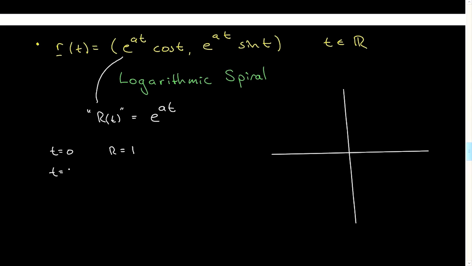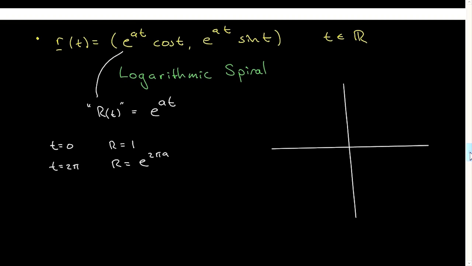When t is equal to 2 pi, going around once, r is equal to e to the 2 pi a. So if I have normal distances on these axes, a had better be fairly small. Suppose a were 1, I will have gone e to the 2 pi, which is a pretty big number, just going around once.